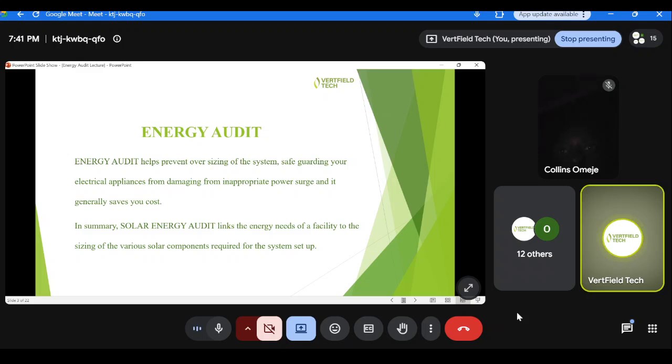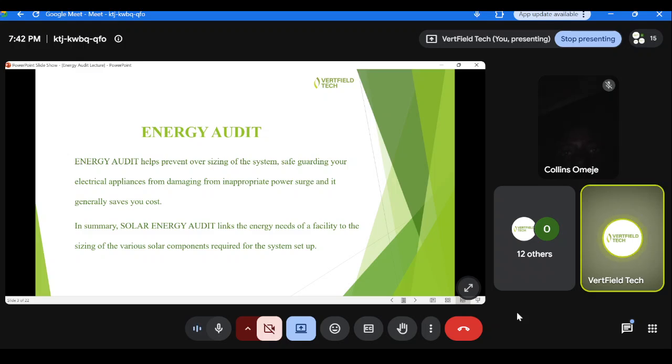Have we done the job we're contracted to do? Yes. But have we done it the right way, the proper way, professionally? No, we didn't do a professional job. Why? Because we didn't take the energy audit for that facility. We did not know what Mr. Collins intends to power up.